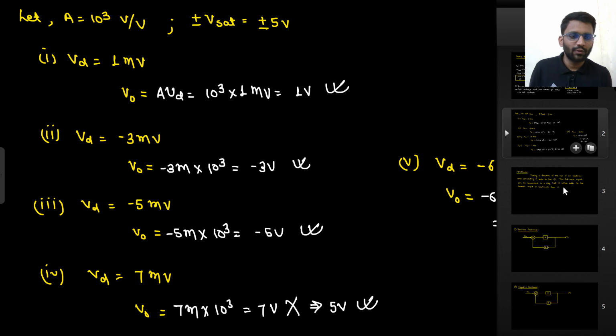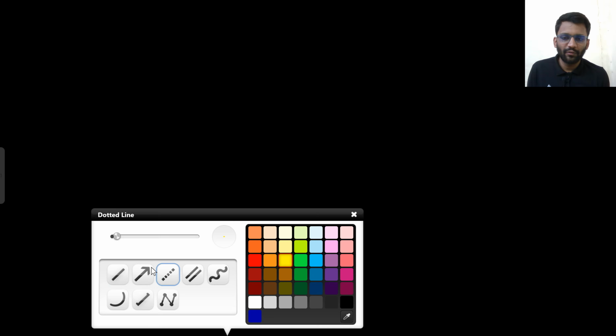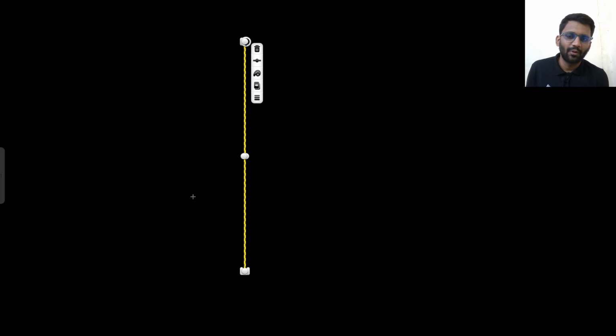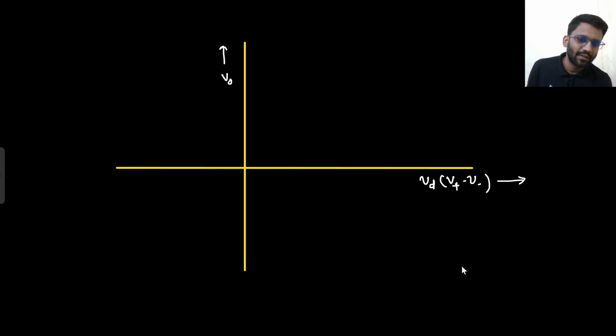So this is the property of an op-amp. What will be the characteristics of the op-amp? Can you draw the characteristics now? I am drawing the V0 versus VD graph. This is your V0 and this is your VD. VD was V positive minus V negative, right?